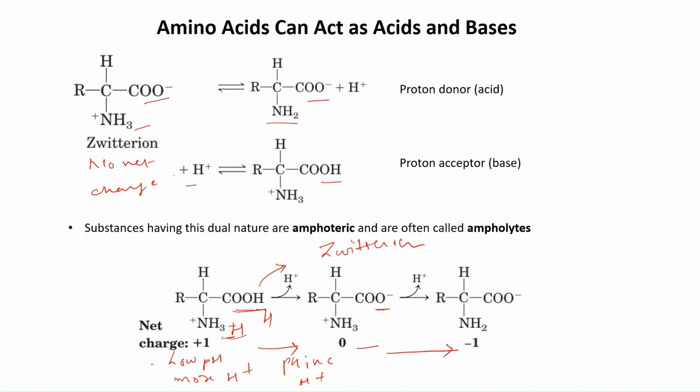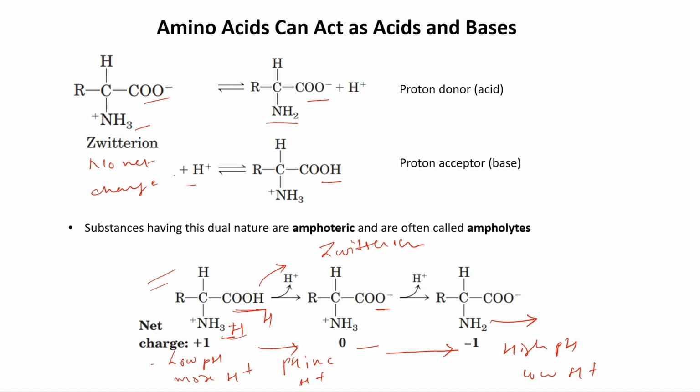When the pH increases more, that means now it is high pH. High pH means low H plus. Low H plus means now this amino acid will again donate a proton from NH3 plus and get converted into NH2.